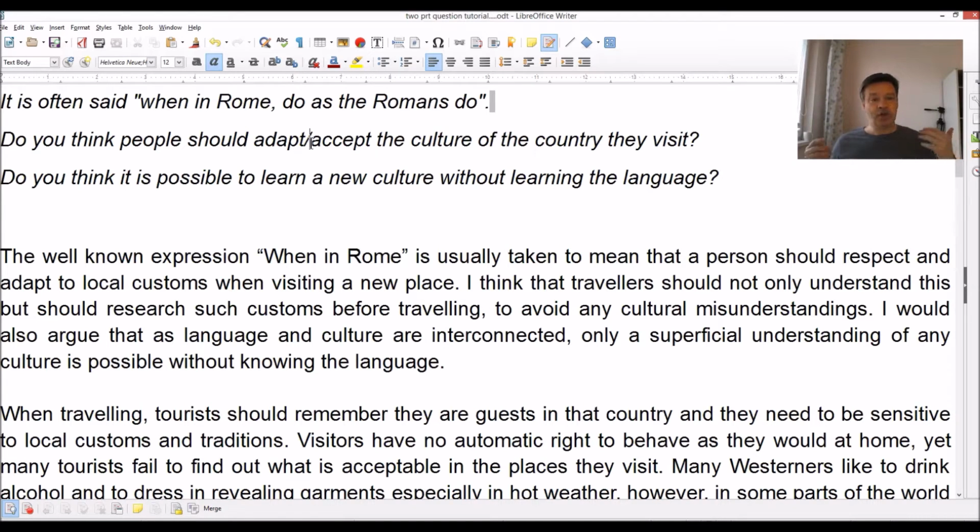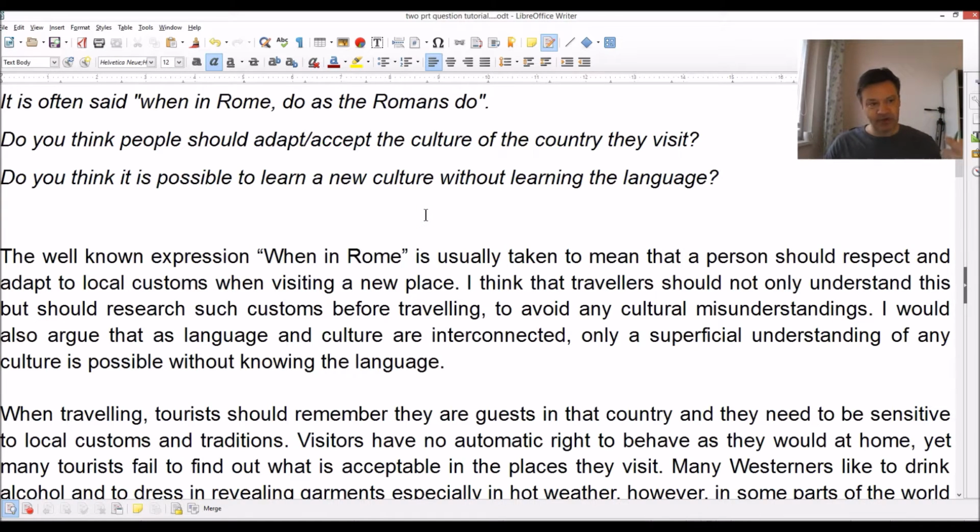So, you know, this first sentence is basically setting the scene in context. When in Rome, do as the Romans do. In other words, try and fit in, behave and do what the locals do. Okay, so should people adapt, accept the culture?